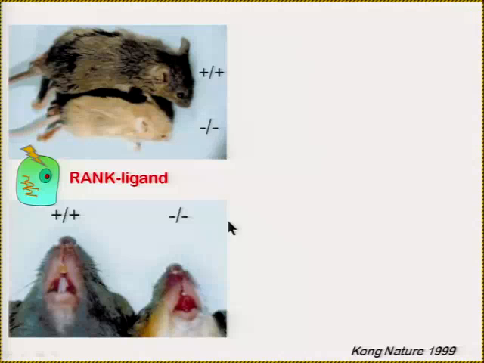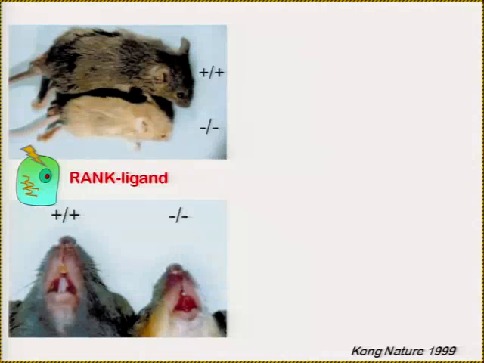One of the reasons that mouse is runted is that not only can its bone not remodel, but the mouse can't eat because its teeth can't break through the bones of the jaw. So you have to have osteoclasts to have your teeth erupt.